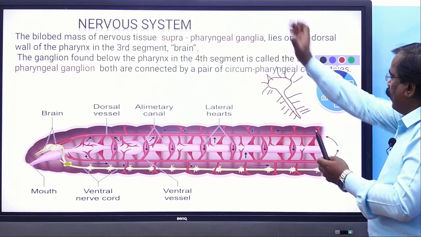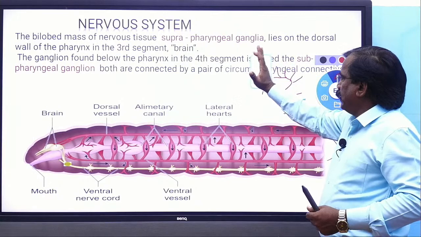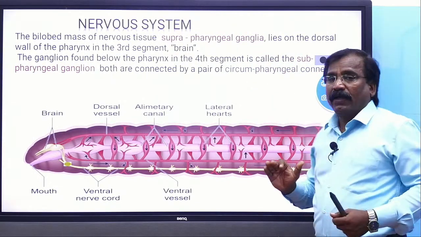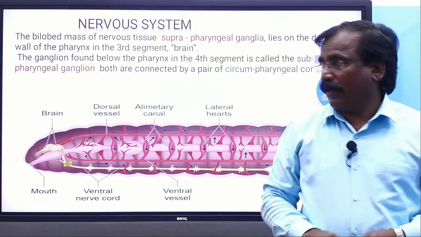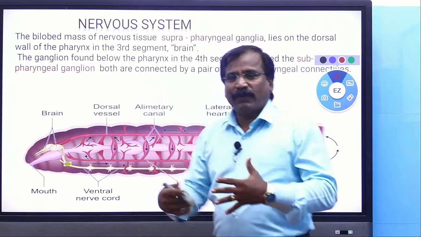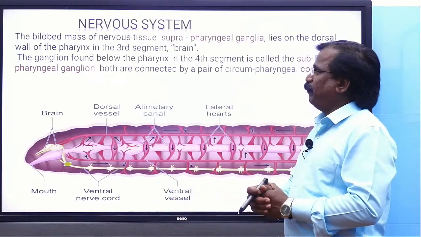But in the case of the earthworm, how is the nervous system? Listen, it is not highly developed like human, it is a primitive type.